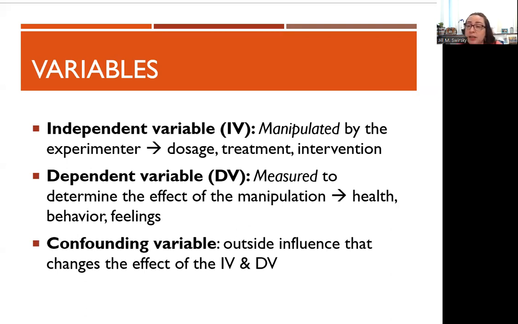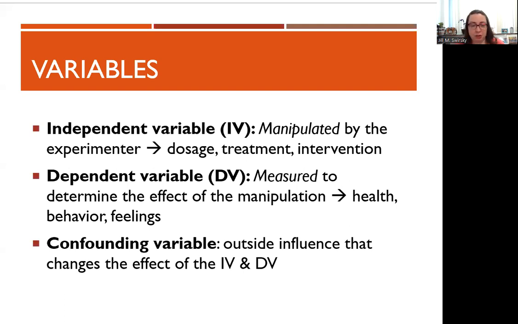These are confounds. If we don't account for them, then how can we be sure that the change in the dependent variable or blood pressure is due to the manipulation, the independent variable, the treatment? Maybe it's actually related to how stressed the person is. So I want you to always ask yourself, I call it the confound question. The confound question is, what factors other than the independent variable might impact the dependent variable?